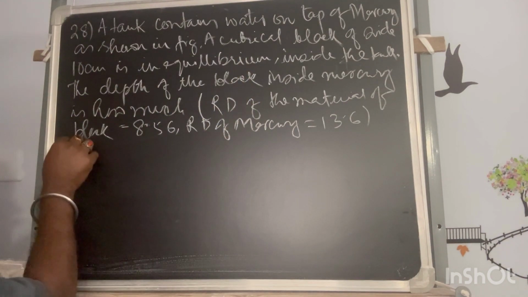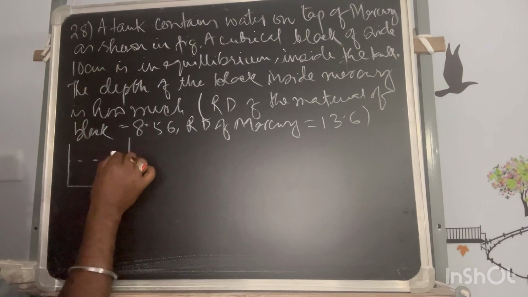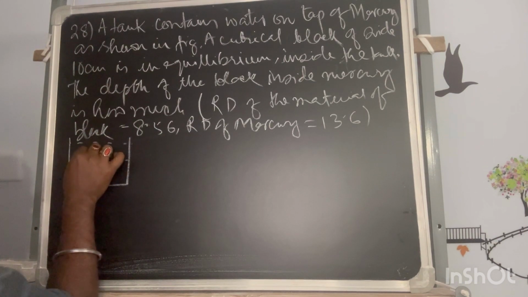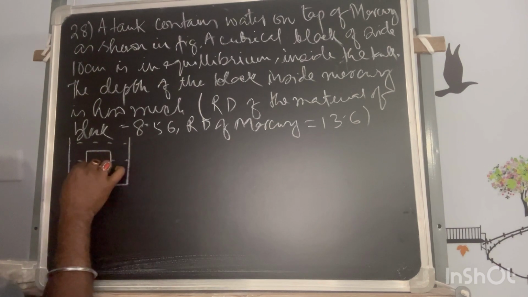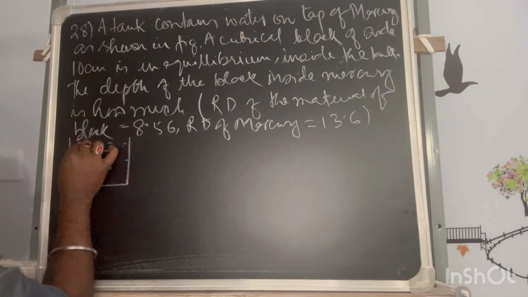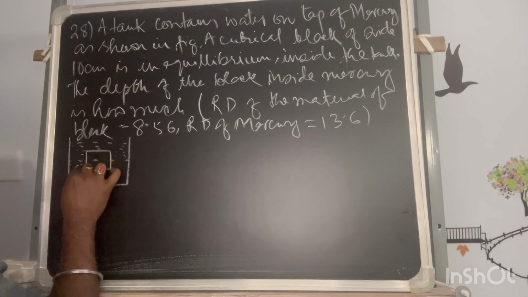Okay, so let me draw the figure how it looks like. There is a two-layer fluid and the block is somewhere dipped partially into the water. Water definitely will be on the top because mercury is heavier than water.